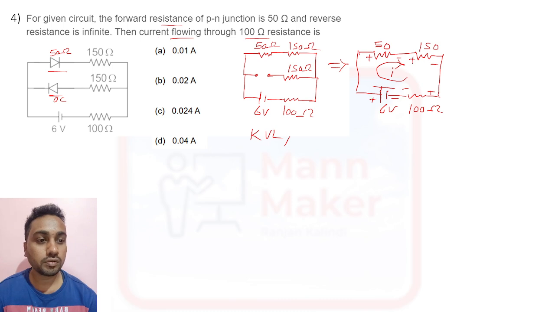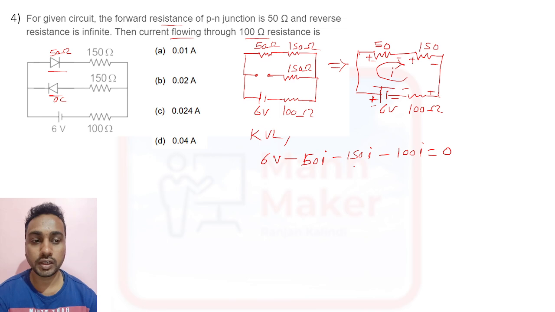Okay. So if you are choosing this plus position means outgoing, so it will be 6 volt minus 50I, again minus 150I and minus 100I equal to 0. Like this we can write from KVL.